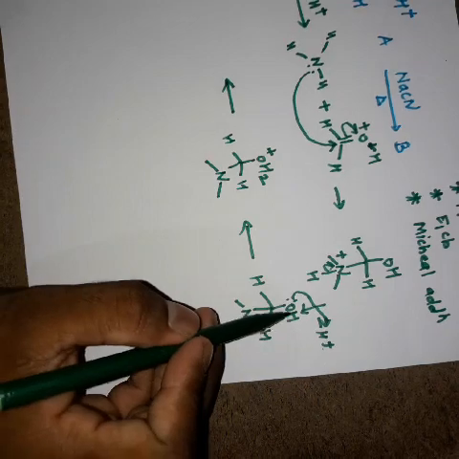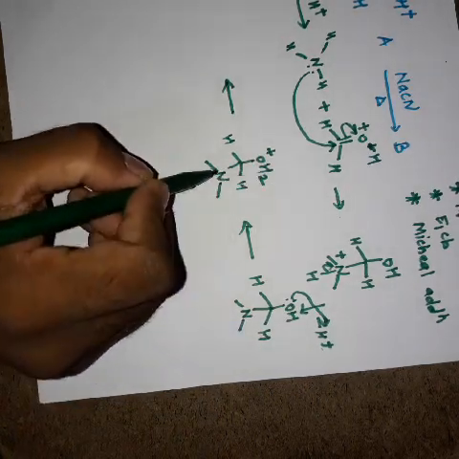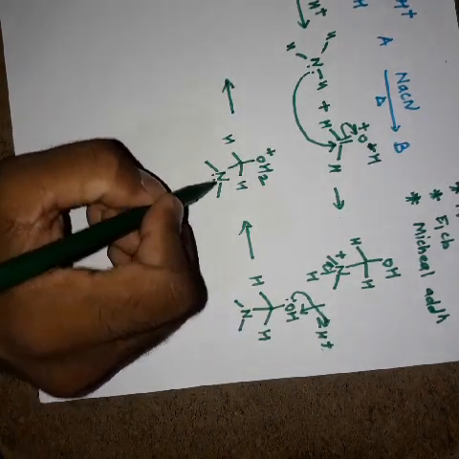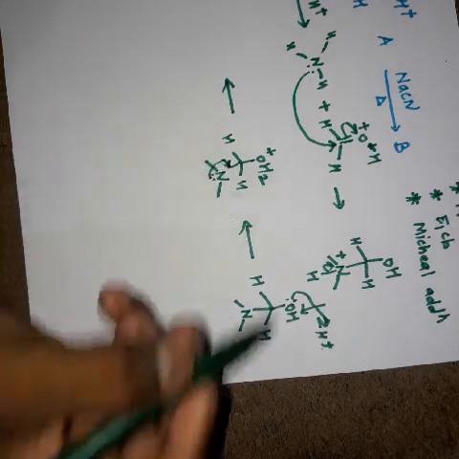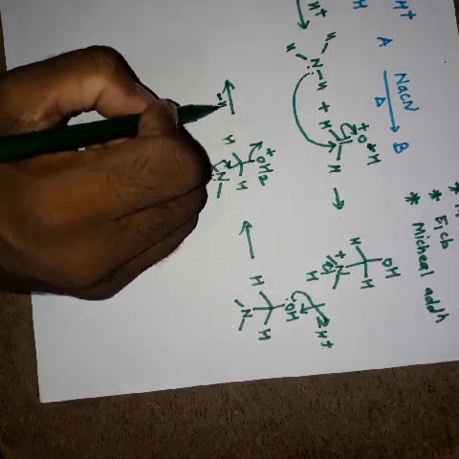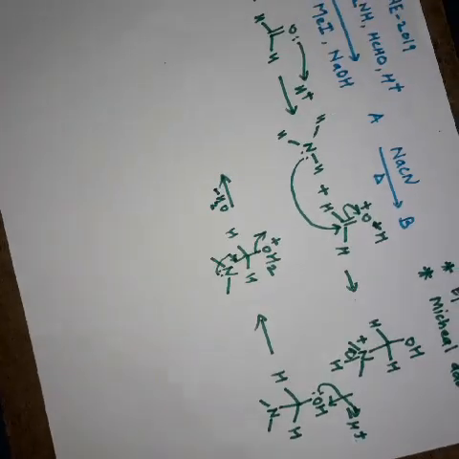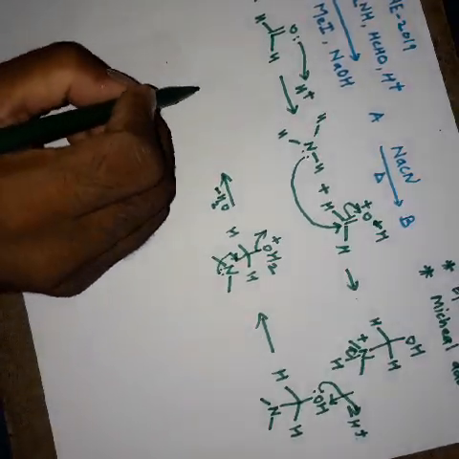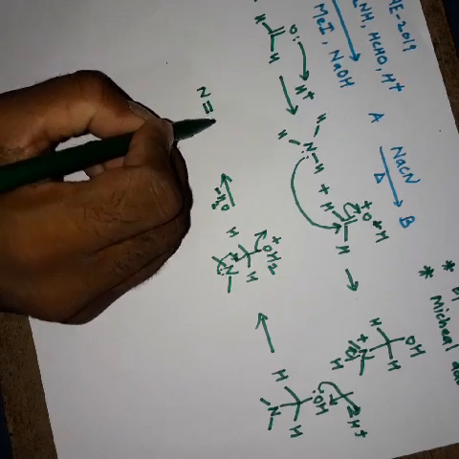Now we have converted OH into a water molecule as a leaving group. Now we have a lone pair on nitrogen. This will go into resonance and the water molecule will get eliminated, and we are going to get the iminium ion, which can be written like this.